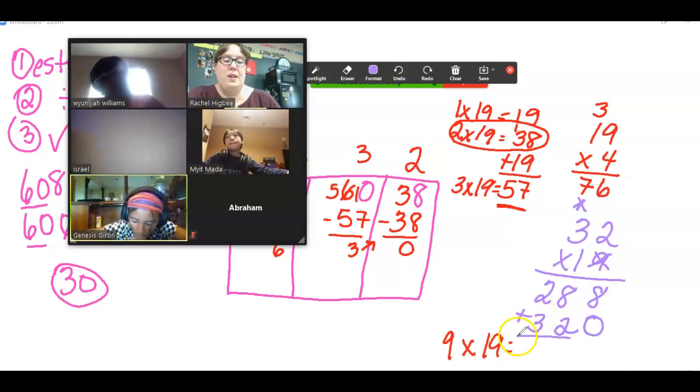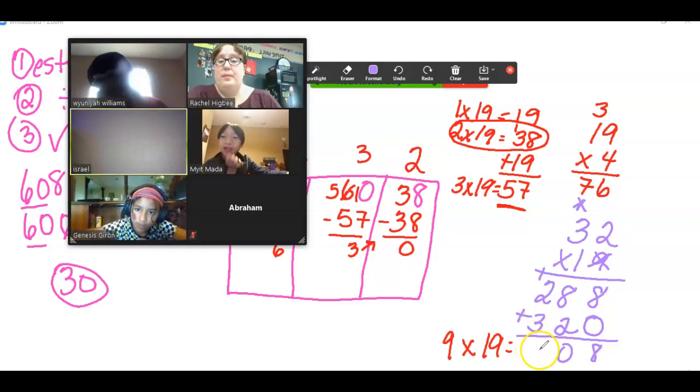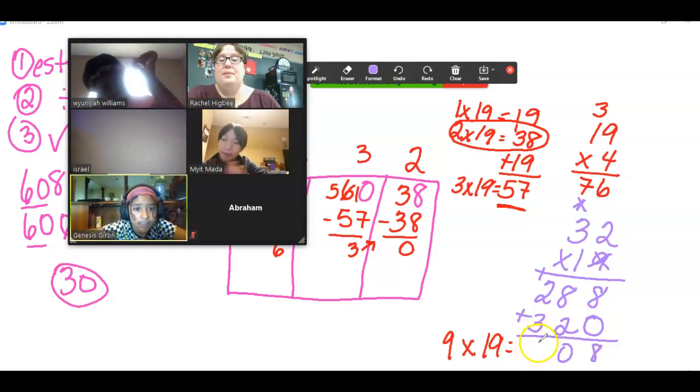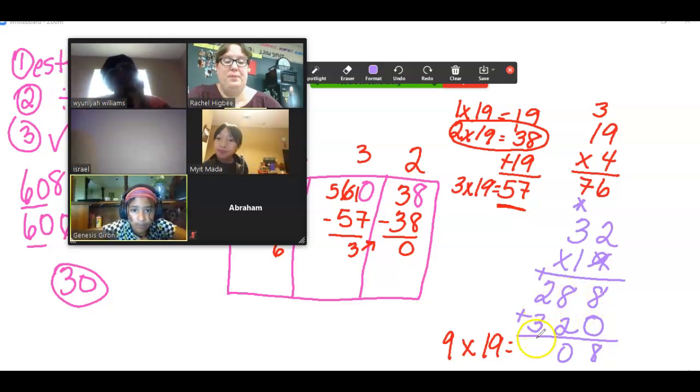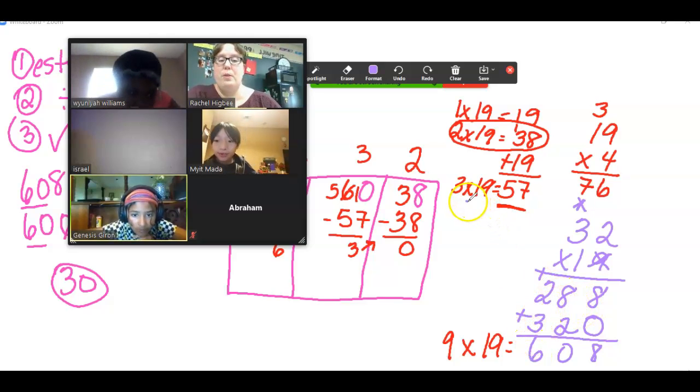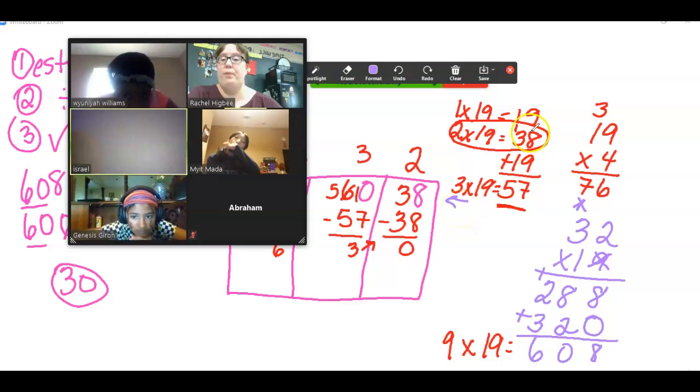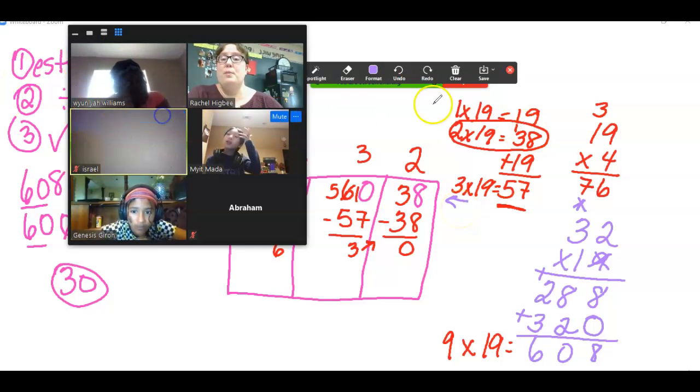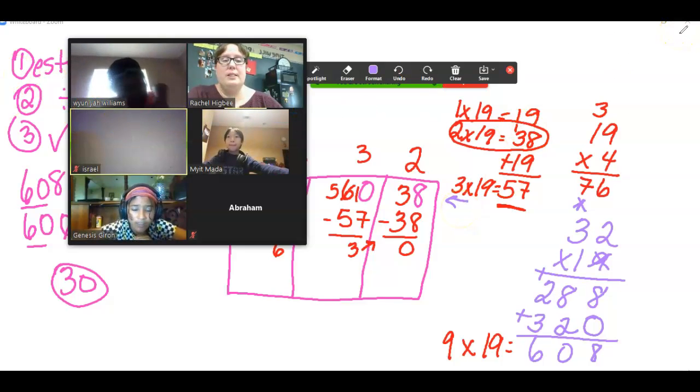Okay, and then I add them together. 8 plus 0, and 8 plus 2, and 1 plus 2 plus 3 is 6. All right. Is that the number that we started with? It is the number we started with, right? Okay, so we did that correctly.